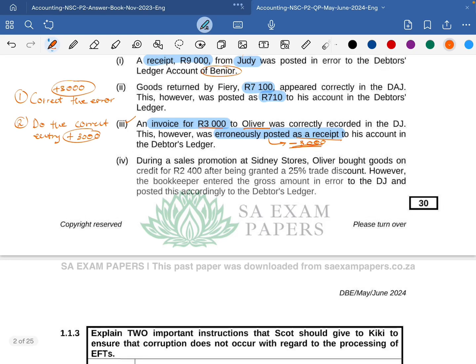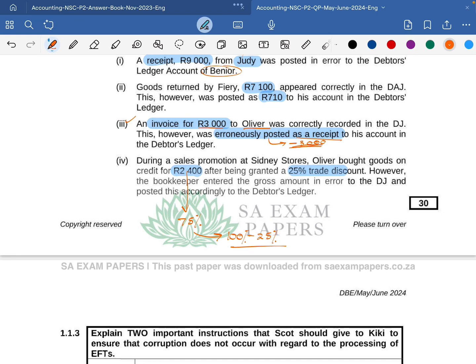Okay, and then we're going to look at the last one. The last one says, during a sales promotion at Sydney Stores, Oliver bought goods on credit for 2,400 after being granted a 25% trade discount. Okay, so the 2,400 is after the trade discount, which means the trade discount is 25%, and then the 2,400 is our 75%. Remember, it comes from the 100 minus the 25% of the trade discount.